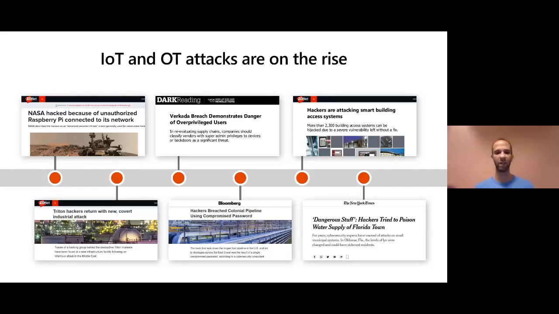We also have an example of the Colonial Pipeline, an oil and gas attack that happened in the US last year. And we're seeing more and more attacks, more and more cases where it's much easier for the attackers to control and impact those businesses and eventually shut them down in order to receive what they want eventually.